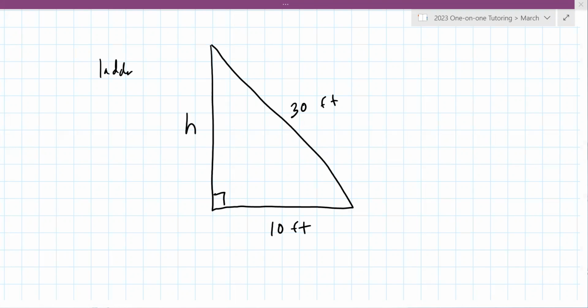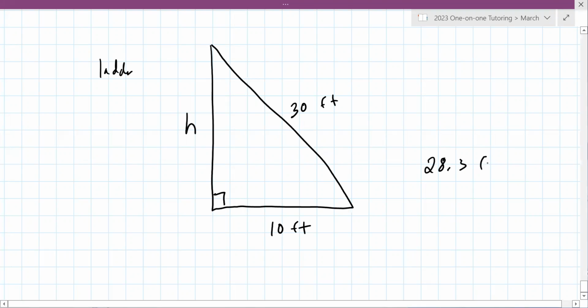Square root of 800 is... So 28.3. Yeah, very good. 28.3 feet.